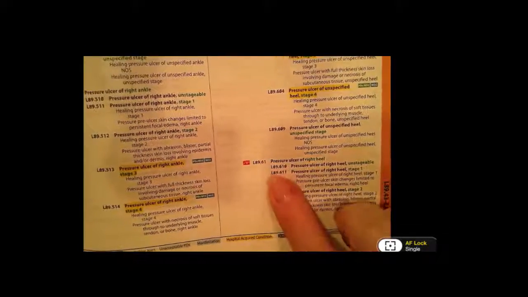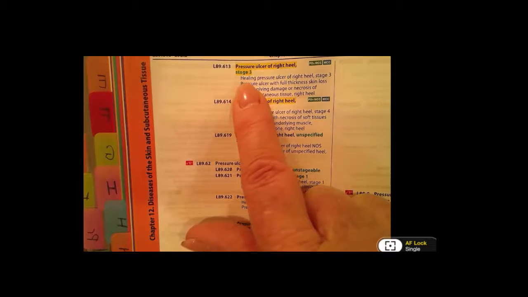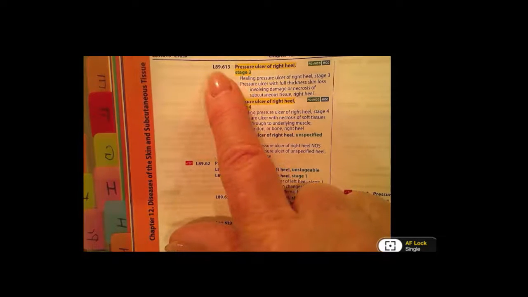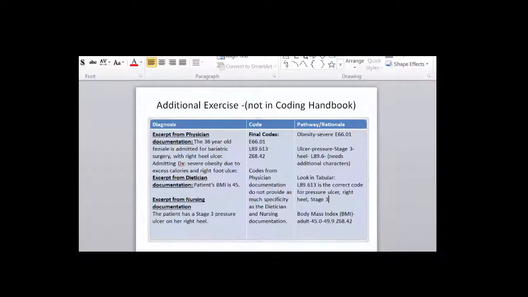And here we are. Stage 1, Stage 2. We need Stage 3. So let's go to the next page. Okay. Pressure ulcer of the right heel, Stage 3. L89.613. I think that would fulfill our need for more characters. Yep. That's it right there.